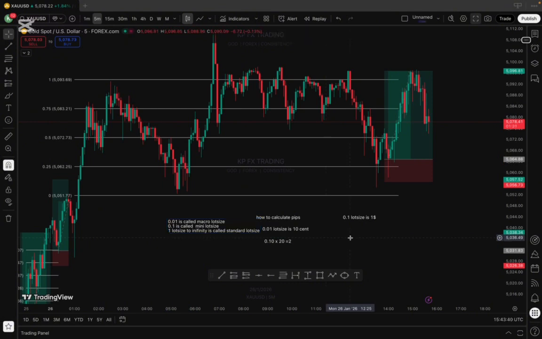Now what I just calculated just now is not the standard lot size, right?